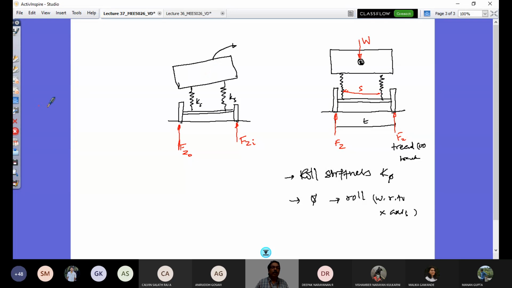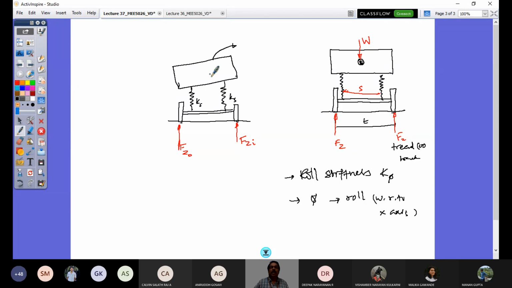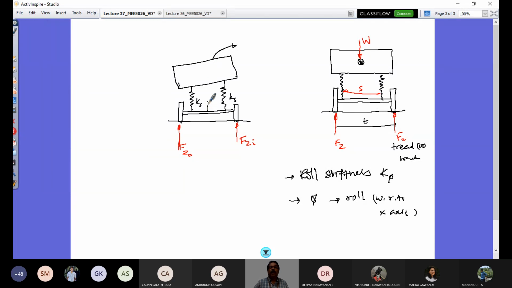And now what would be the location of my CG? If this is the vertical drawn, it would be somewhere here. This height of CG from the ground is now described by two heights, right?